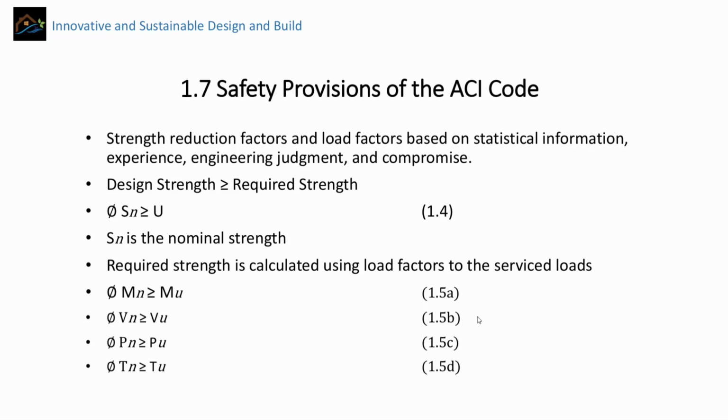It is also applicable to shear force: the design shear force should be greater than or equal to the required shear force in a building element, as well as the tensile strength should be greater than or equal to the required tensile load. And the last is the torsional strength, which should be greater than the torsional strength of a member.